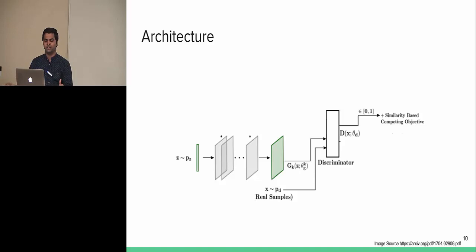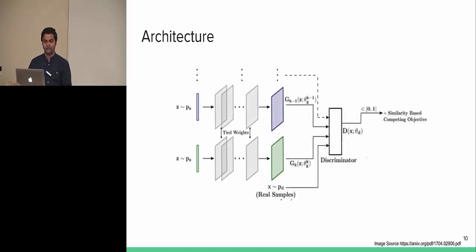Here, in addition to that, you have multiple generators which will generate different samples, and all of them are passed to the discriminator. When you are using the similarity based competing objective, you change the objective of these generators to generate distinct images. In this architecture, one thing they have done is that they have tied the weights.